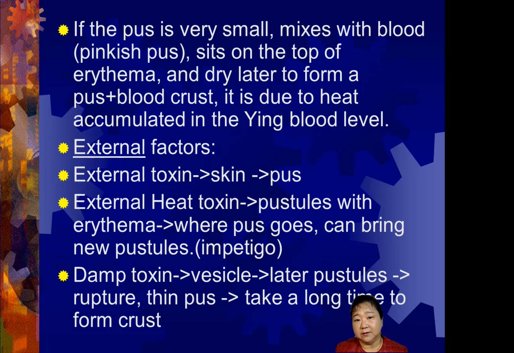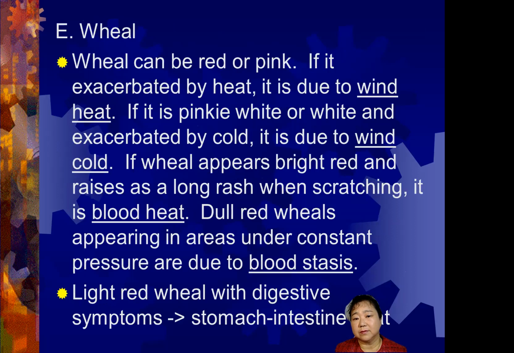Damp toxin from outside can produce vesicles, later producing pustules. If a pustule ruptures, a thin pus will come out. It takes a long time to heal.